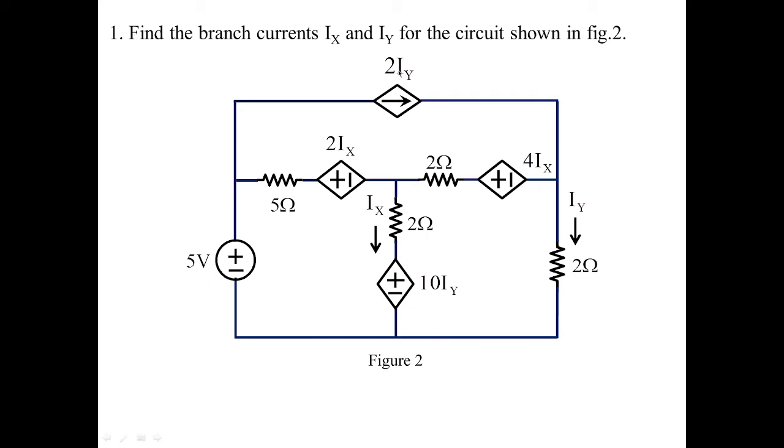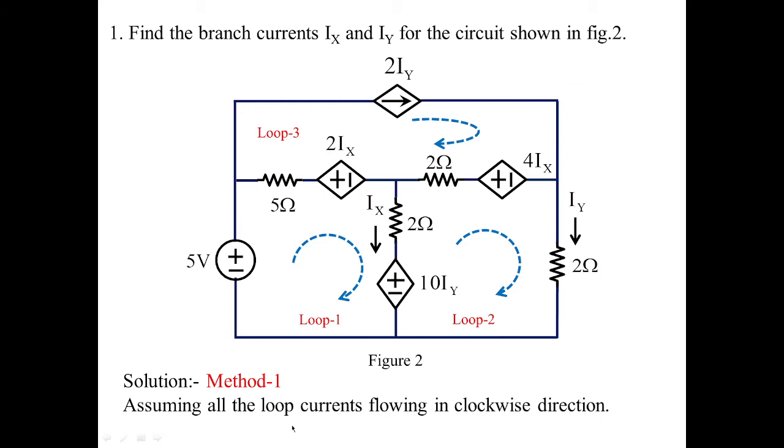Here 2Iy is a current dependent current source, 4Ix is a current dependent voltage source, 2Ix is again a current dependent voltage source, and 10Iy is again a current dependent voltage source. We need to find the value of Ix and Iy, which are the branch currents here.